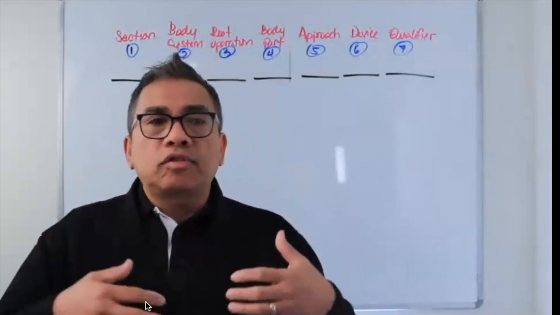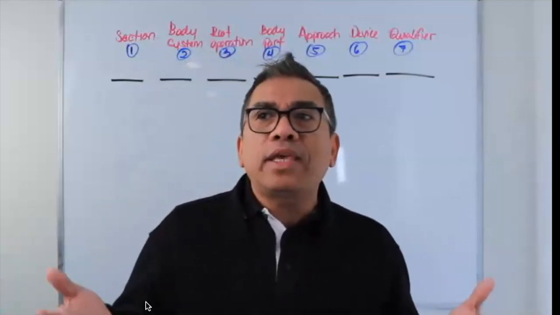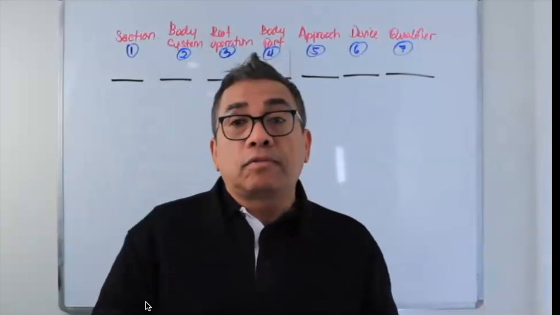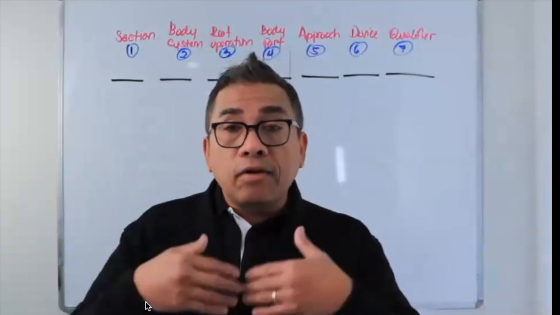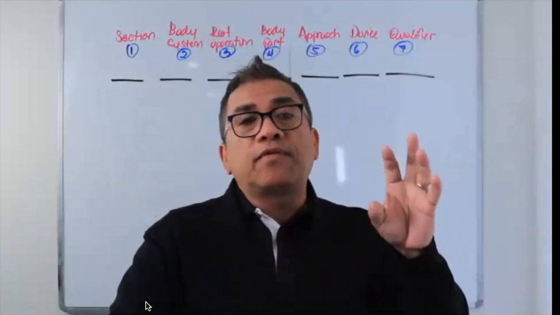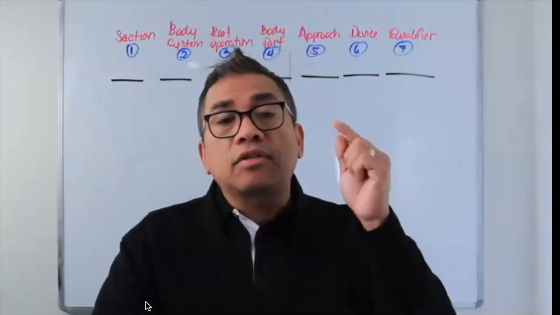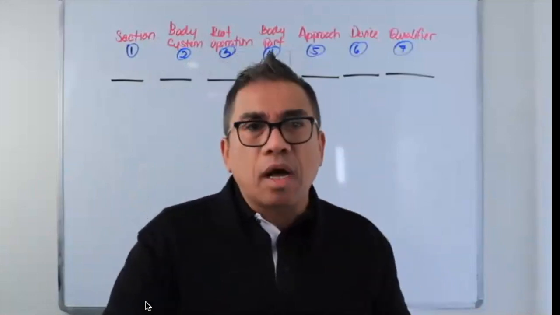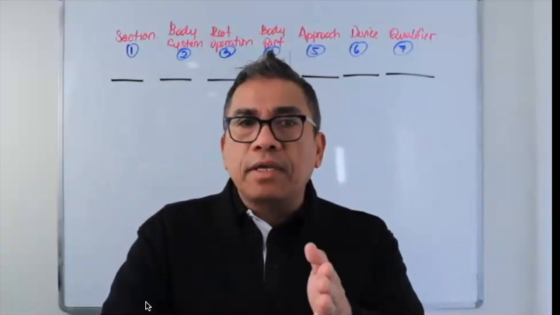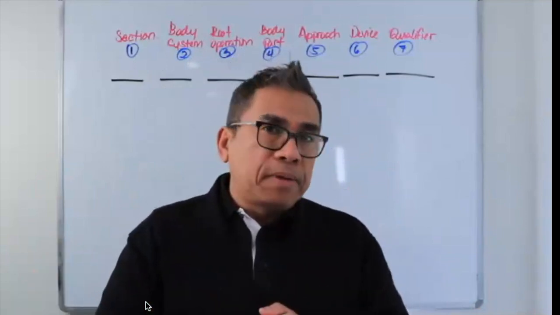Seasoned coders, experienced coders, with one look at the procedure, we already know how to build the code. I know how to build the code, even if I don't go to the root operation. But for starting coders like you guys, starting to learn the PCS codes, it is important that you understand what the root operation is. And I keep repeating this, root operation is a very essential part of building your PCS code.